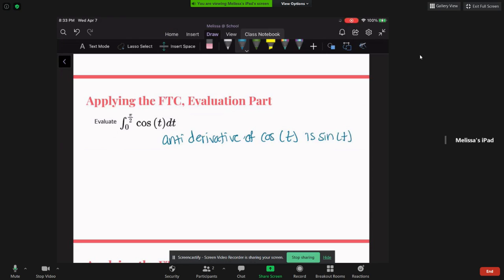That's our key here, because once we remember that the antiderivative of cosine of t is sine t, then we can go right into that difference part of the fundamental theorem.